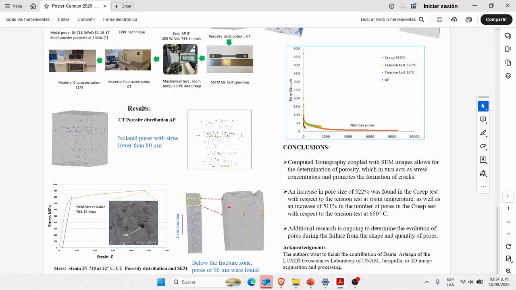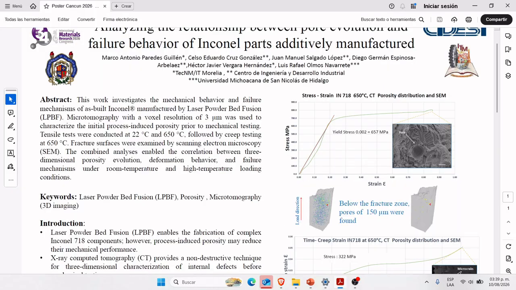Below the fracture zones, pores of 90 micrometers were found. Tensile tests carried out at 650 degrees Celsius gave a yield strength of 657 megapascals and a maximum stress of 806 megapascals.